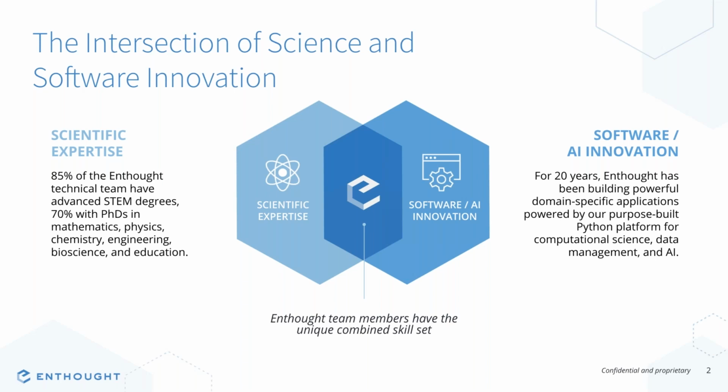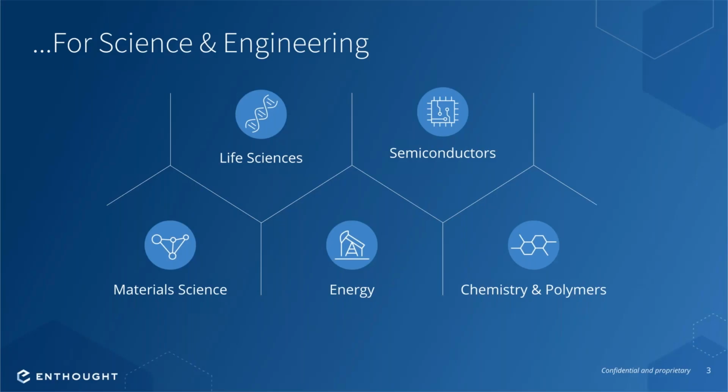In addition to developing applications, custom applications, tools, Python packages, tool suites, we've also been training scientists and engineers for more than a decade on using Python scientific computing to increase their impact on the world. And we do that in a particular set of fields in the world of science and engineering. We particularly help people in life sciences, semiconductors, material science, energy, and chemistry and polymers.